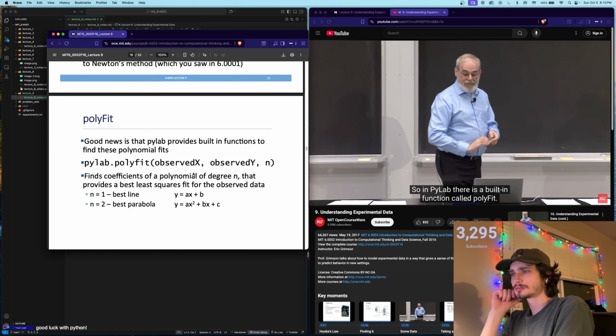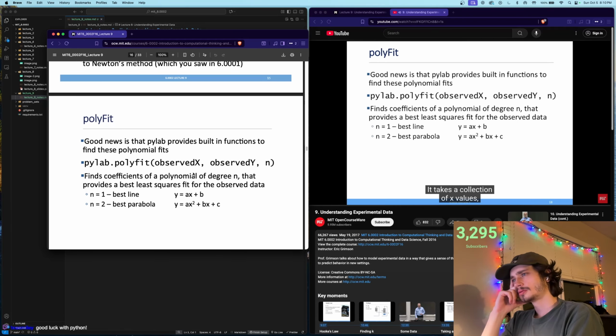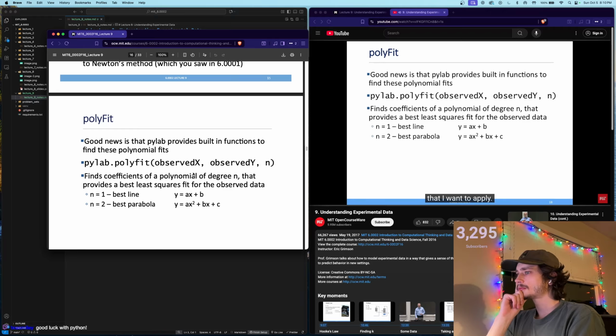So in PyLab, there is a built-in function called polyfit. It takes a collection of x values, and a collection of equal length of y values. They need to be the same length. I'm going to assume they're arrays. And it takes an integer n, which is the degree of fit that I want to apply. And what polyfit will do is it will find the coefficients of a polynomial of that degree that provides the best least squares fit.